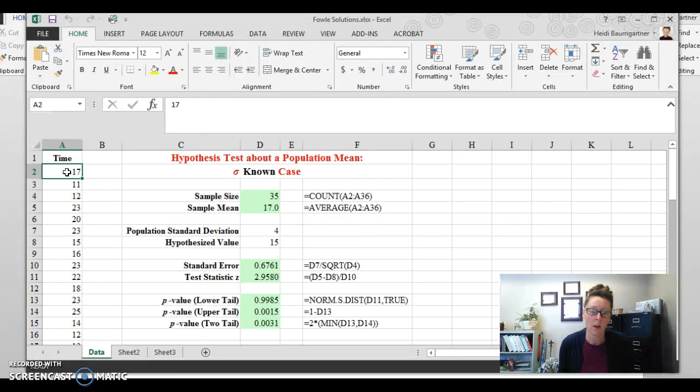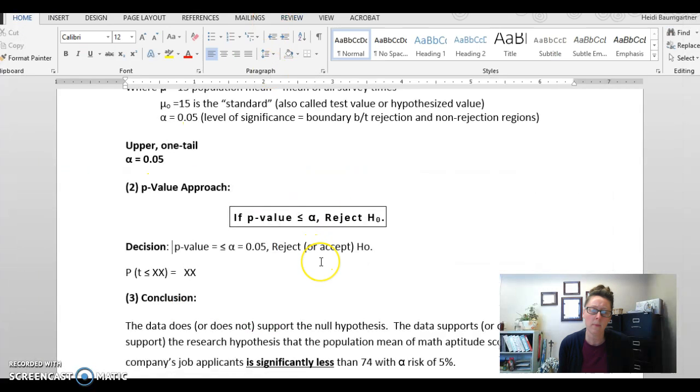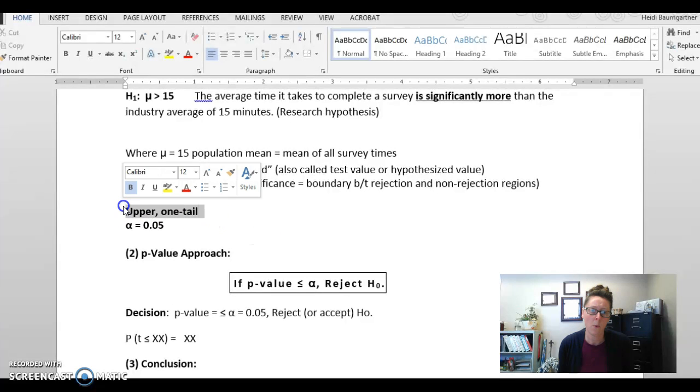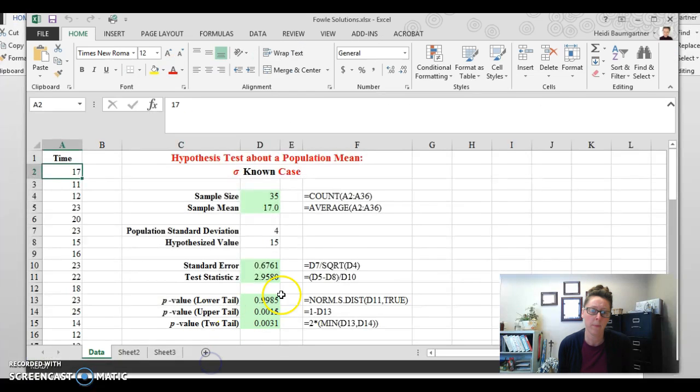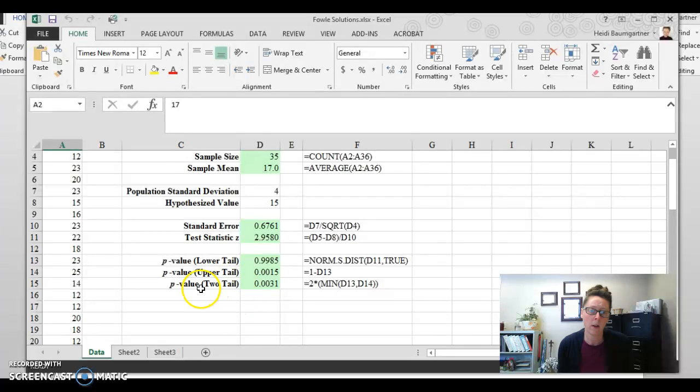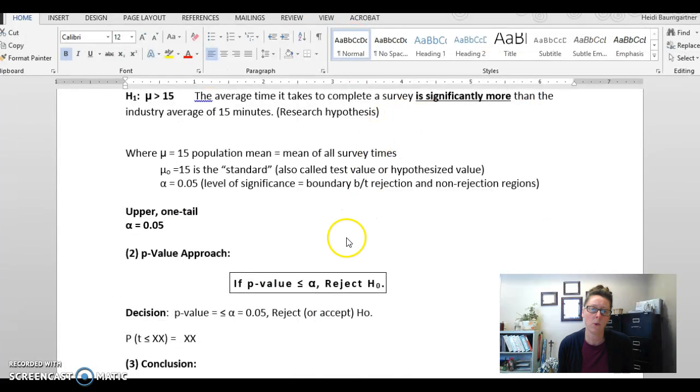So your p-value, which if you recall is a one-tail upper. So one-tail upper is 0.0015. So let's move this over.